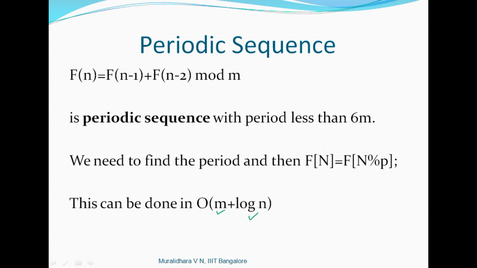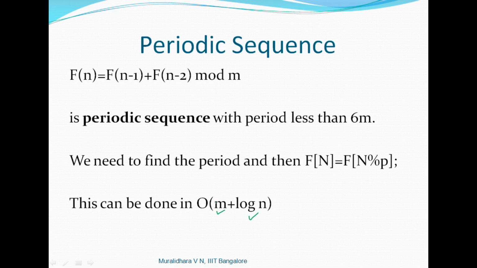So this entire algorithm in the worst case will take order m plus log of n. More specifically, this can be written as log of p plus log of n, because your algorithm can terminate the moment you find the period of the sequence, but the period can be as bad as 6m. So in general, this is order m plus log of n.